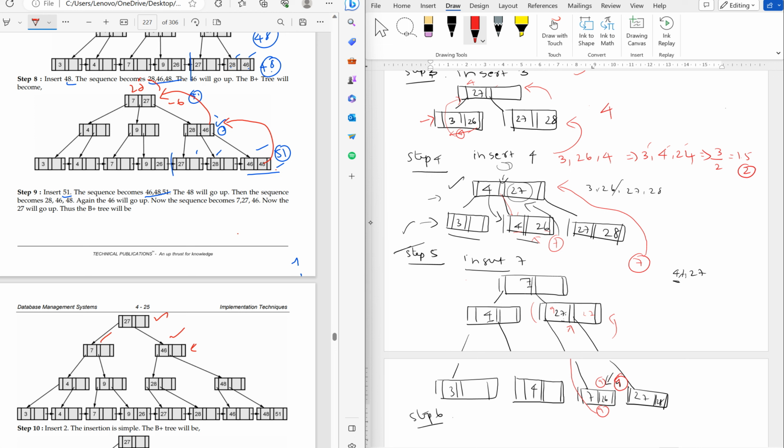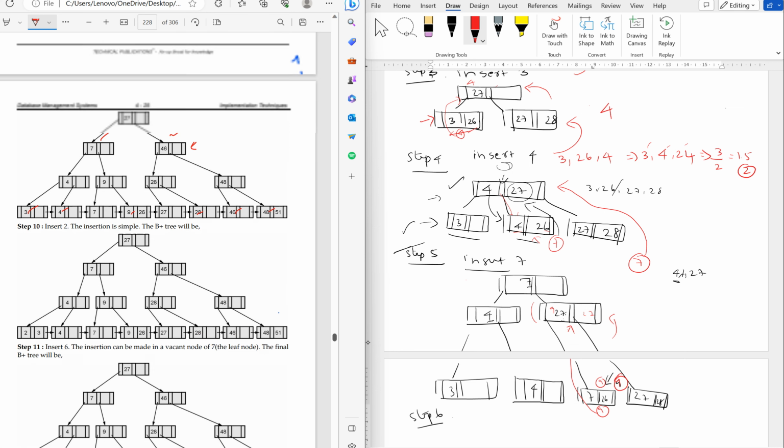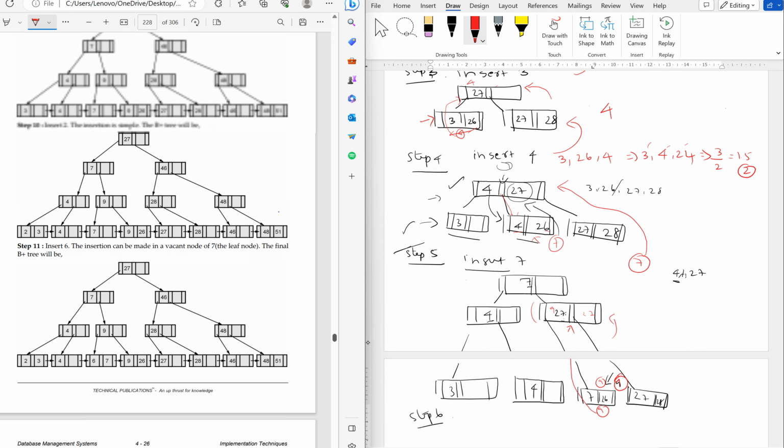So if we watch the last node, it contains all the elements that have been inserted so far: 3, 4, 7, 9, 27, 28, 46, 48. Everything is there. And finally, we are trying to insert 2 and 6.